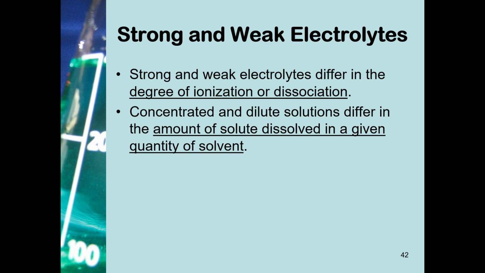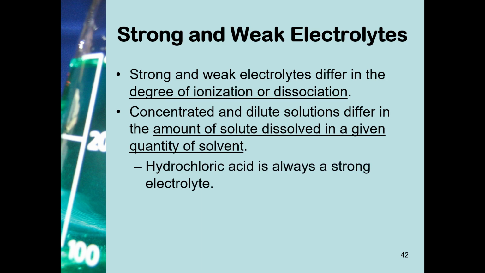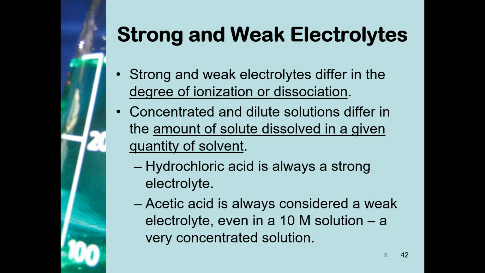The words concentrated and dilute only refer to the amount that's dissolved in a quantity of solution. Hydrochloric acid, we said, was a strong electrolyte, and acetic acid is going to be considered a weak electrolyte, even if you make it very concentrated, like 10 molar. It's very concentrated, but because very few of the molecules break apart to form ions, it's going to be considered a weak electrolyte.